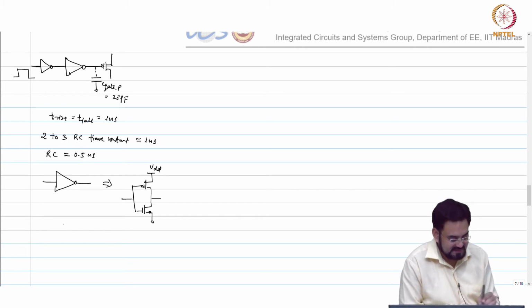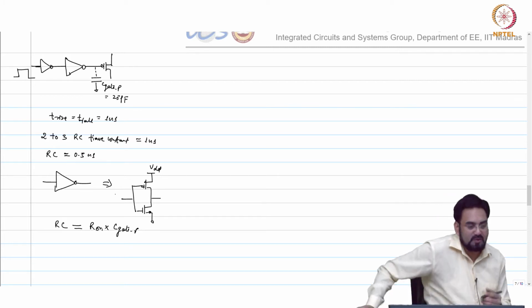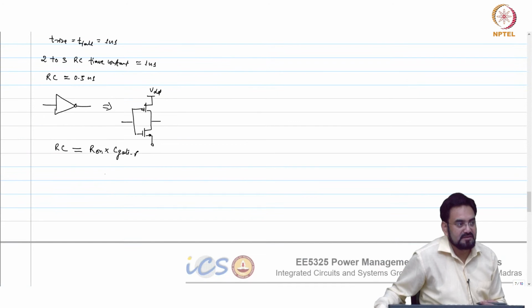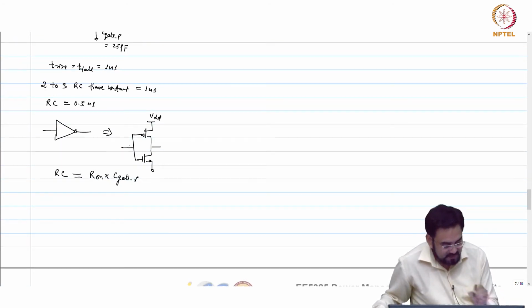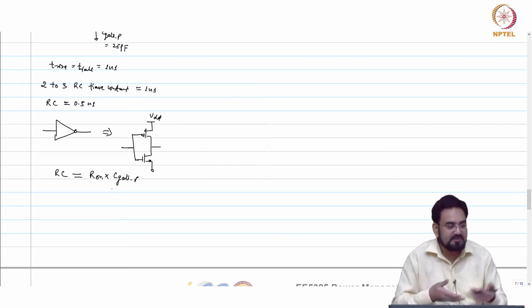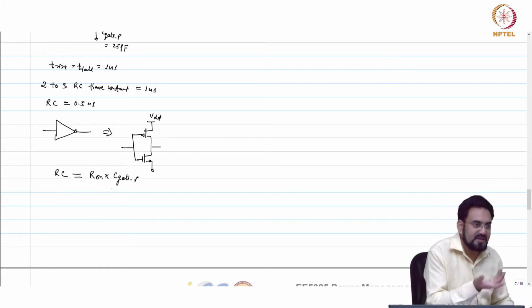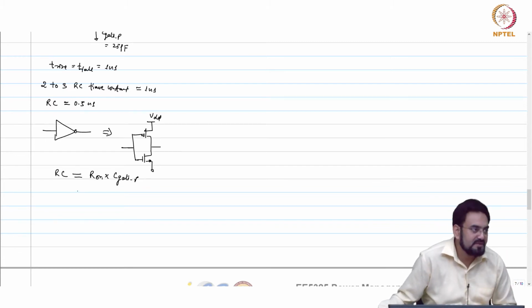When we say RC, it is basically R on multiplied by C gate P. So from here you know what kind of size you will require. This is one way you can calculate. The other way is to just simulate and find what size of inverter you will require with a 1 or 2 nanosecond kind of rise time.